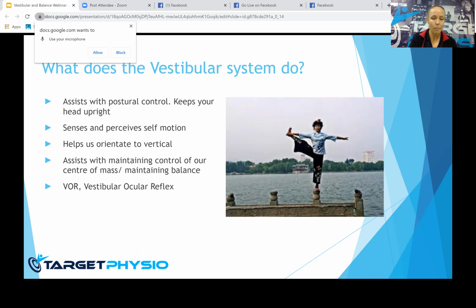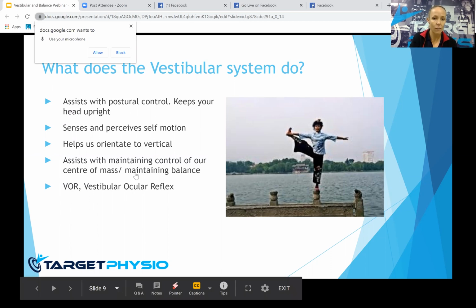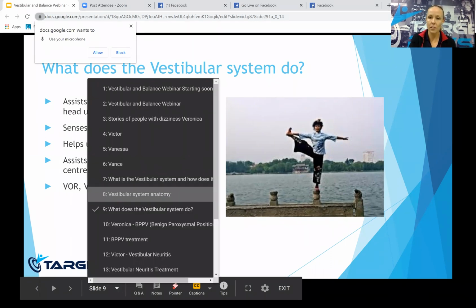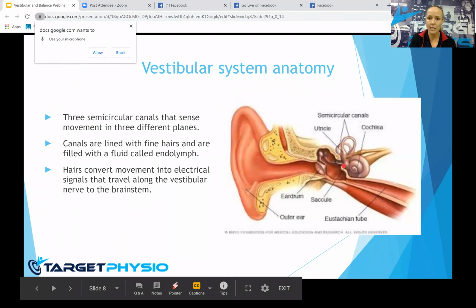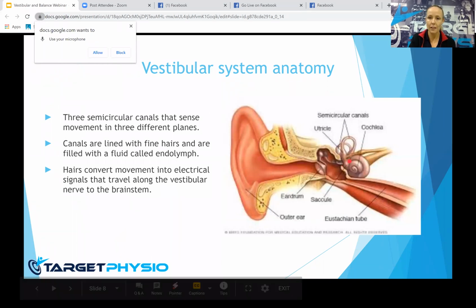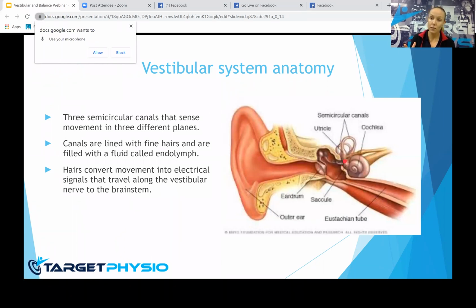Moving back to that previous slide, we have a spot in there called the utricle, which is this little space here. In there, not only do we have the fluid and those fine little hairs, we also have a little membrane with otoconia crystals that sit on it, which sense our gravity.